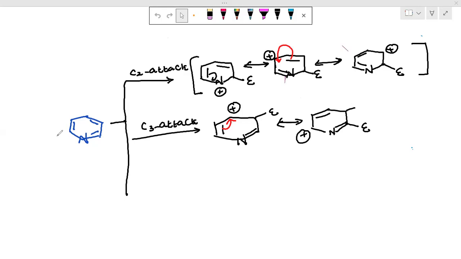This is the electrophile attack at the C3 position.